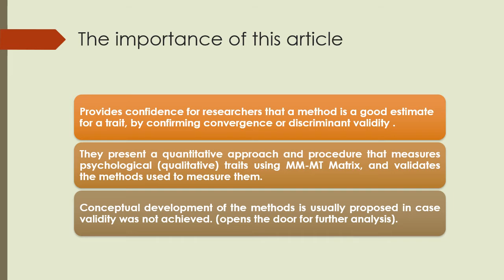So in the last example, when the discriminant validity was not observed when it was supposed to, that doesn't mean that the construct is completely invalid. It means maybe they have to reassess their traits, maybe they have to reconsider what is considered authority versus non-authority. So this is not the end block to the research, but this rather opens the door for a more open discussion about the actual constructs.